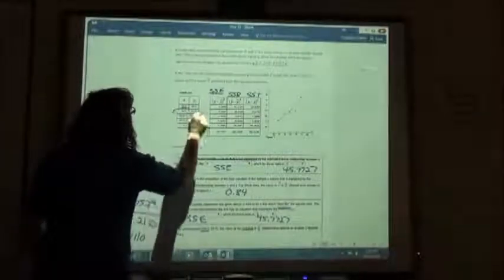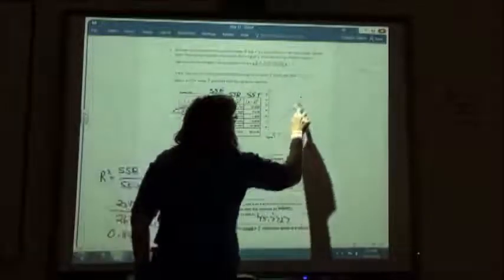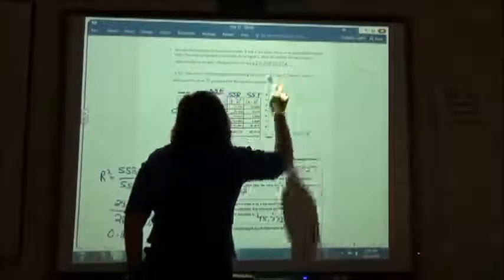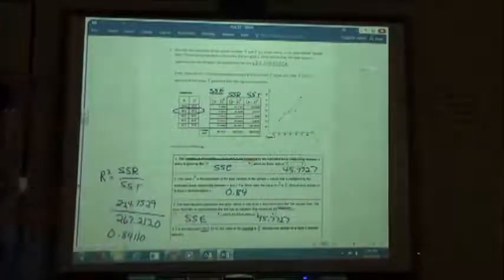And then the last one is the one where we did before. We had to find the value of the residual, kind of the distance between those 2 points from our actual dot and the point on our line. So we want to use the data point 59.0, this data point right here. First thing we're going to do then is figure out if we use our equation and put in 59.0, what do we get for our y hat value?